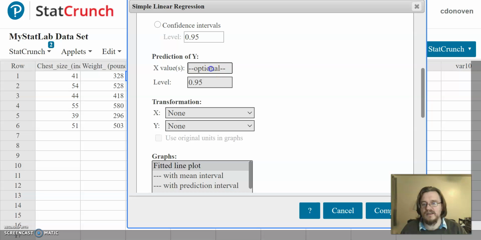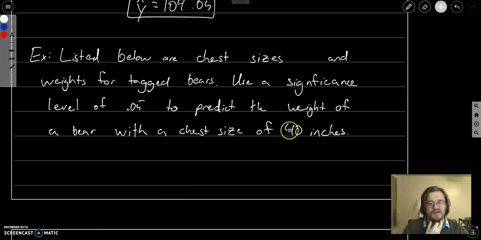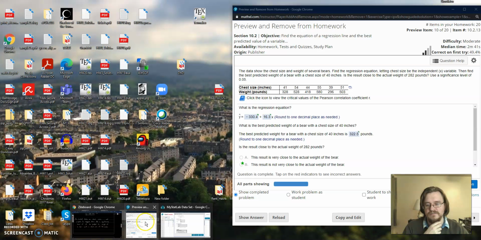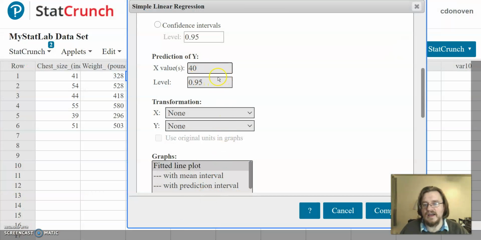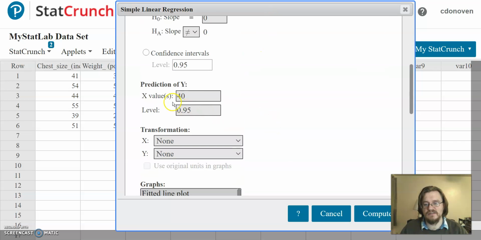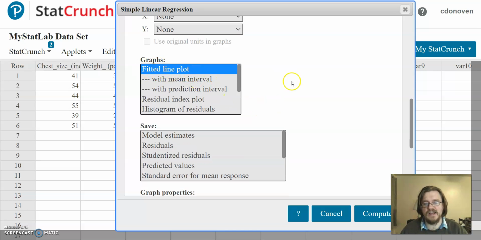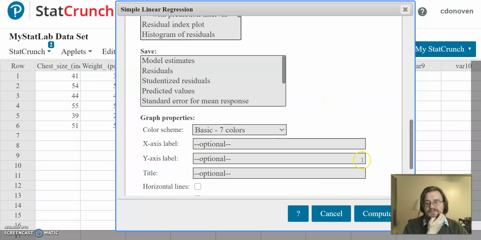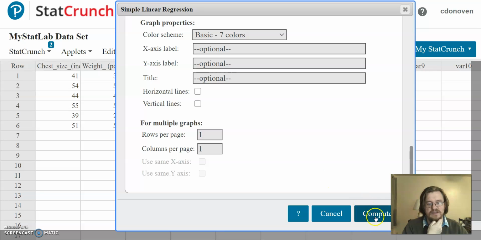The prediction of y, so we want to predict the weight of a bear with a chest size of 40 inches. And the significance level is going to be 0.95. Sorry, the significance level is 0.05, so the confidence level should be 0.95. I also want to do a fitted line plot with this, just so that we can look at this. And I'm not going to touch anything else, and we'll just hit compute.